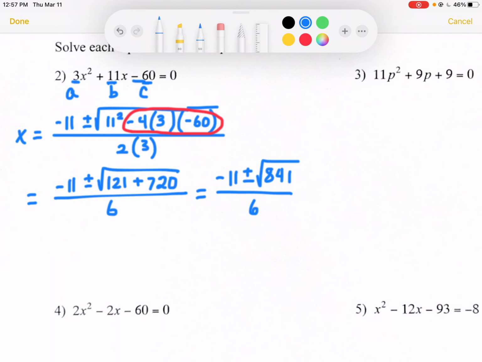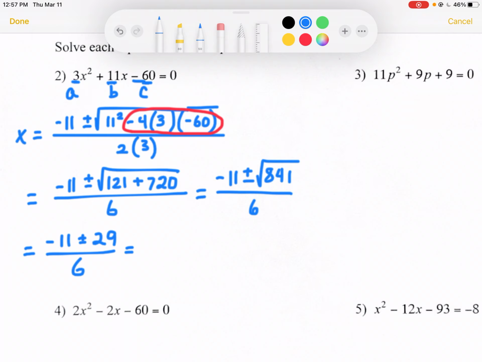If you have a calculator, like mine in my classroom, to take the square root now, you're going to hit second, and then click the x squared button, then type in 841. When you square root 841, you get 29. So this is simplified as negative 11 plus or minus 29, no longer square root, because we already took it, over 6. Now we can come up with two answers.